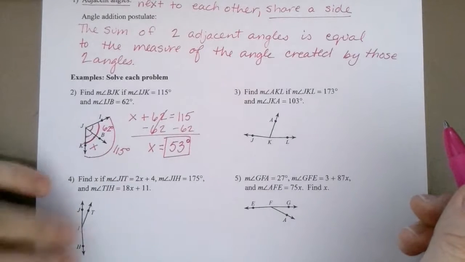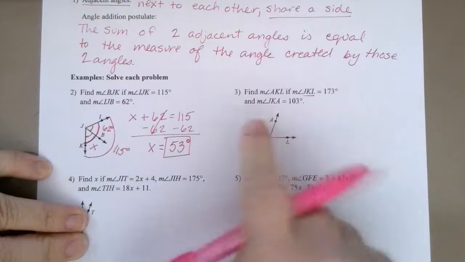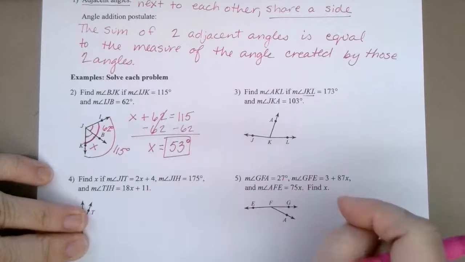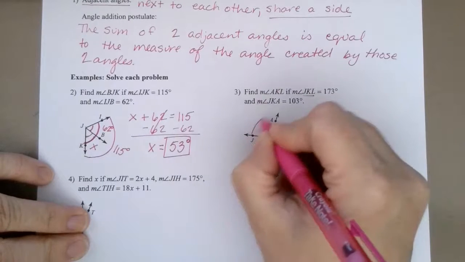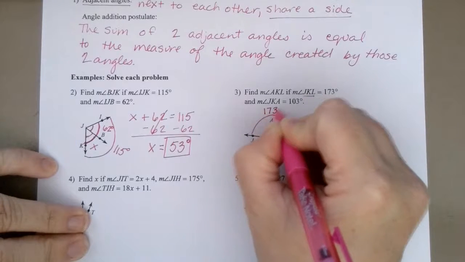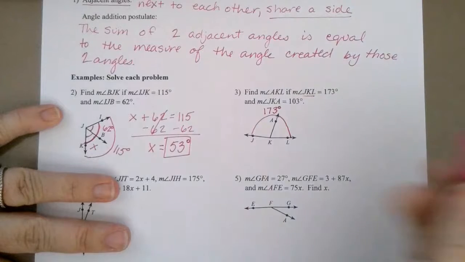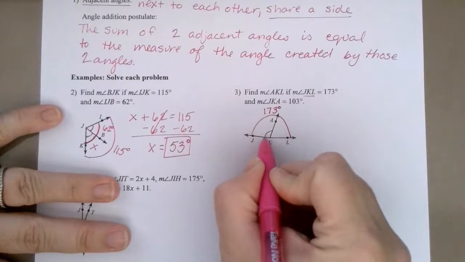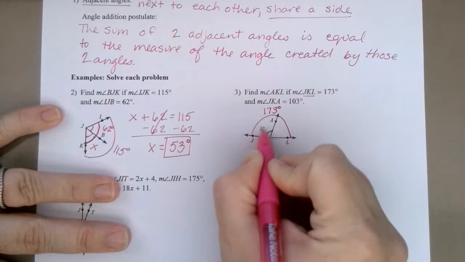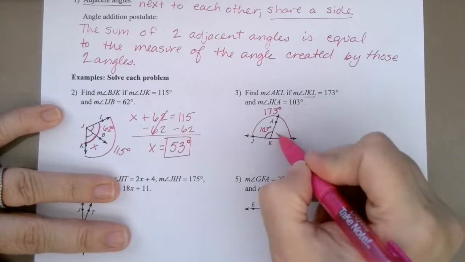So what are they telling me? JKL, which angle is that? Left, right, or the whole thing? JKL is the whole thing, and they're telling me the whole thing is 173. What else are they telling me? This guy right here is 103. What are they asking me to find?